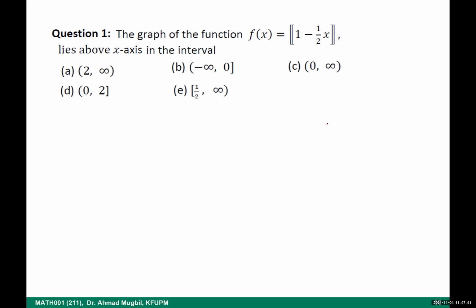Try to solve it. And show me how you will solve it. We still have 2 minutes. 1 minute for you and 1 minute for me to solve it. A, B, C, D, or E?